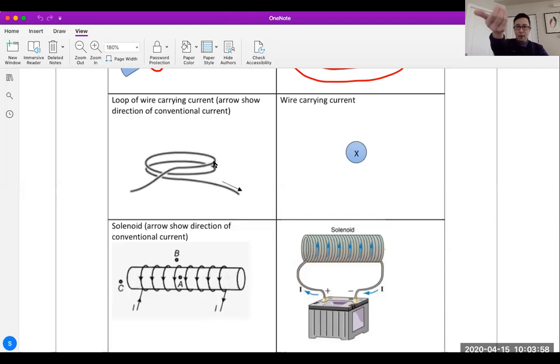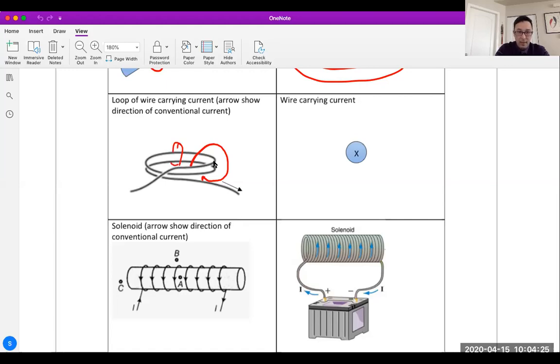And if you grab that part of the loop with your hand, you will see that magnetic field lines will run up, out, around, and back in, like that. Okay, same thing over here, right? It's going to be up, out, around, and back in, that way.